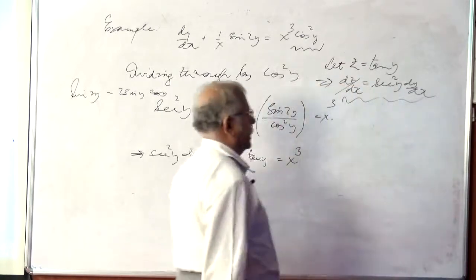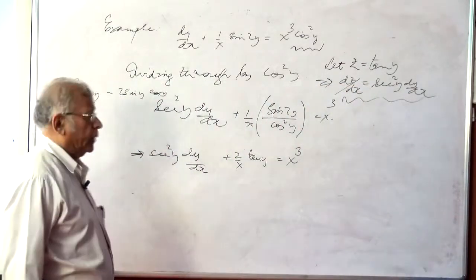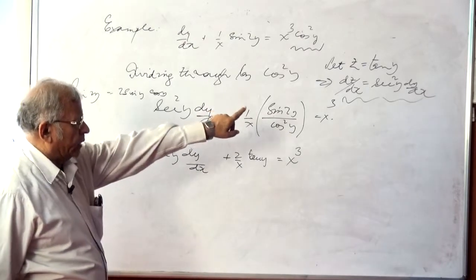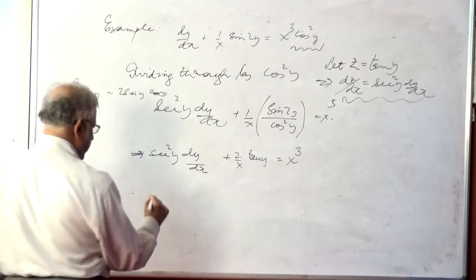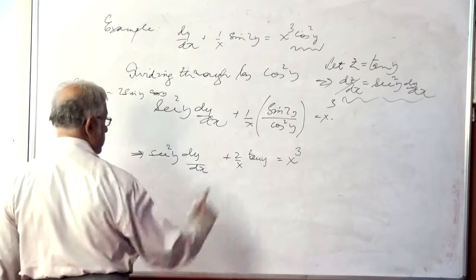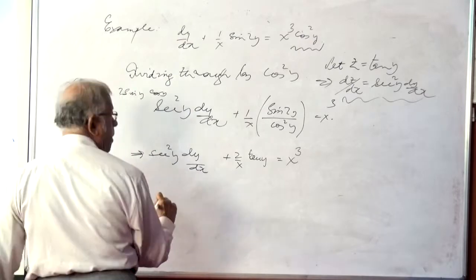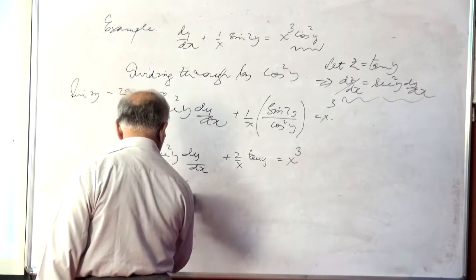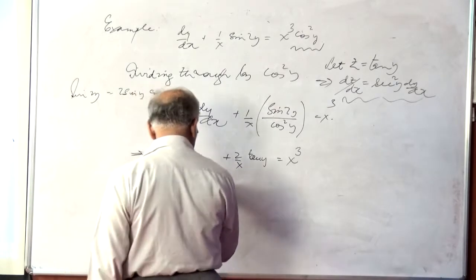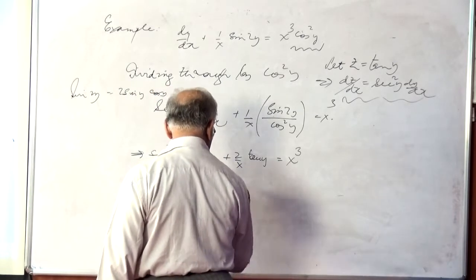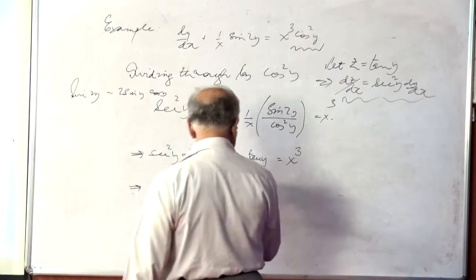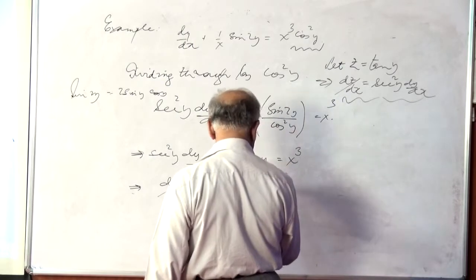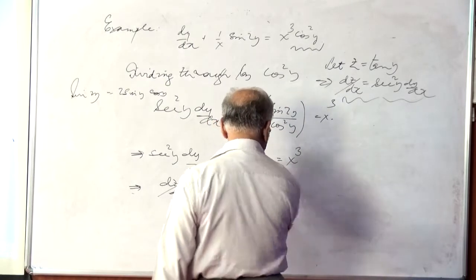So things seem to fall in place very fast. The sec square y dy dx term is nothing but dz dx. So this implies that after the substitution, we have dz dx plus 2 over x into z is equal to x cube.